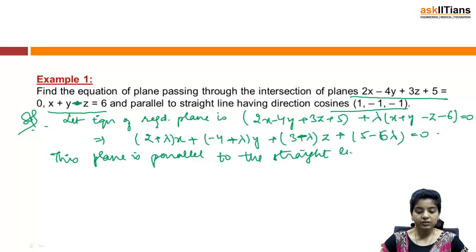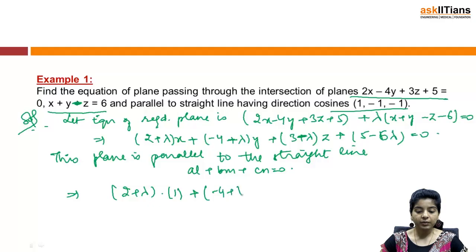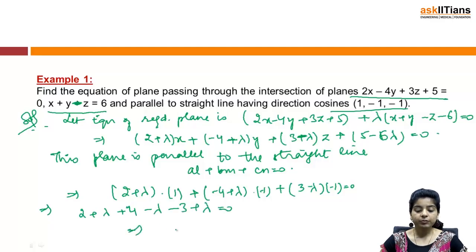So this means that Al plus Bm plus Cn would be equal to 0. That means the coefficient of x here is 2 plus lambda into 1, plus minus 4 plus lambda into minus 1, plus 3 minus lambda into minus 1 is 0. This means 2 plus lambda plus 4 minus lambda minus 3 plus lambda is 0, which gives me lambda as minus 3.